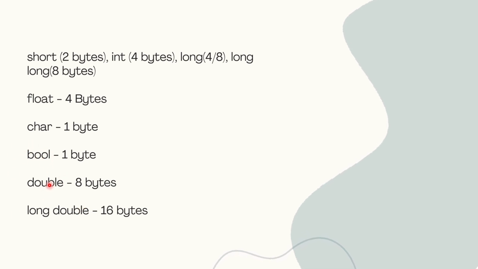And double, as I said, has more decimal places than float, right? And you have long double, which is greater than double, with much more decimal places. You can have short, which is less than integer, and you can have long as well. It depends, right?